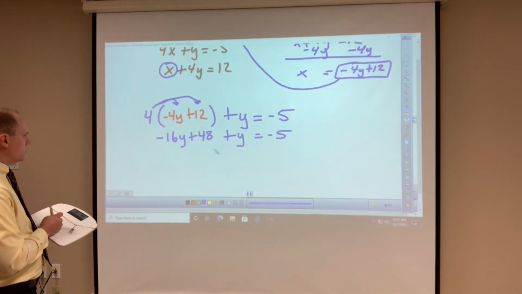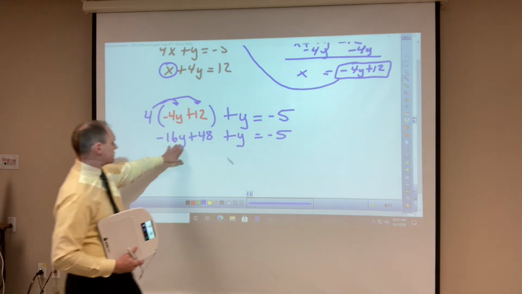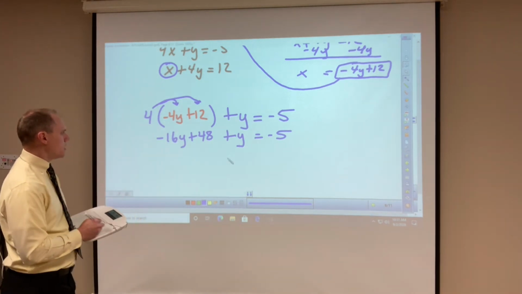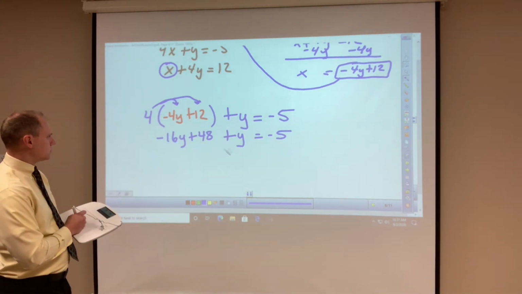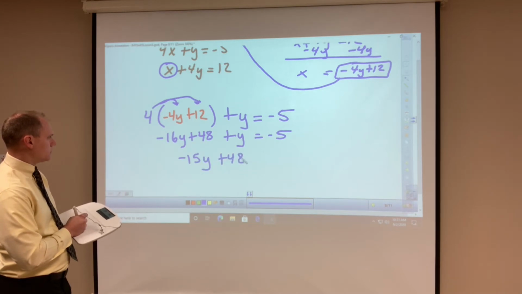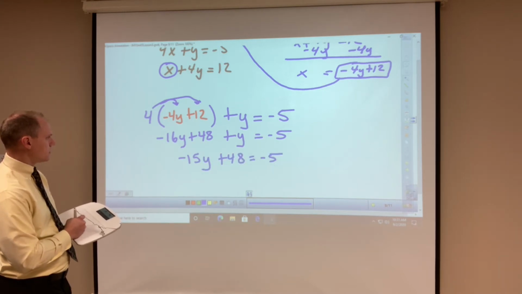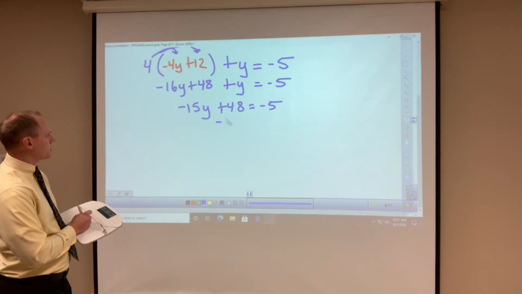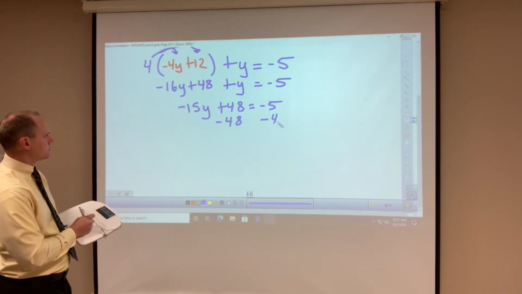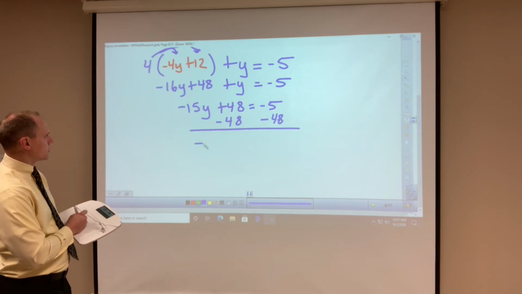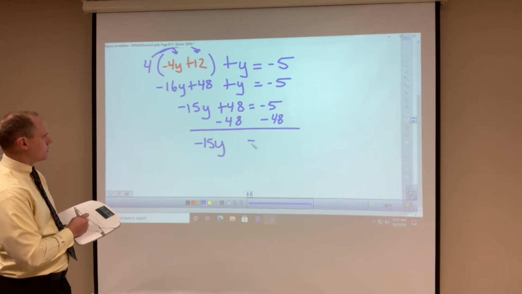If we combine, because these are like terms, negative 16y plus y, it's going to be negative 15y plus 48. Okay, and then we're going to subtract 48 from both sides. So we're going to get negative 15y equals, negative 5 minus 48 is negative 53.